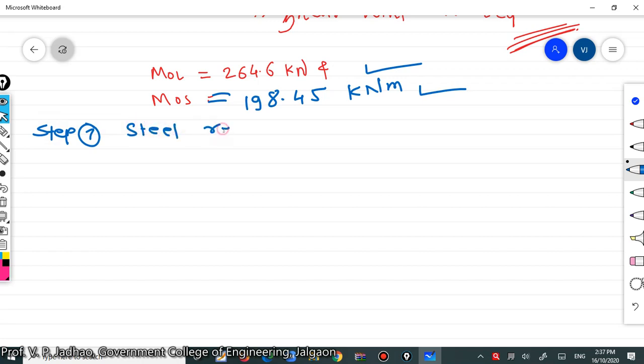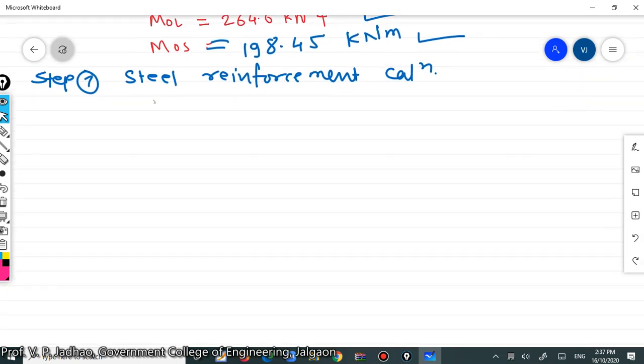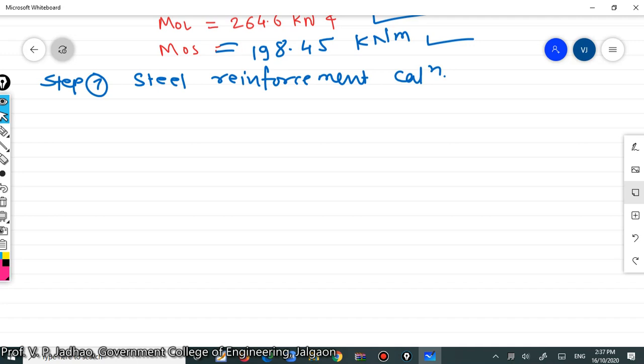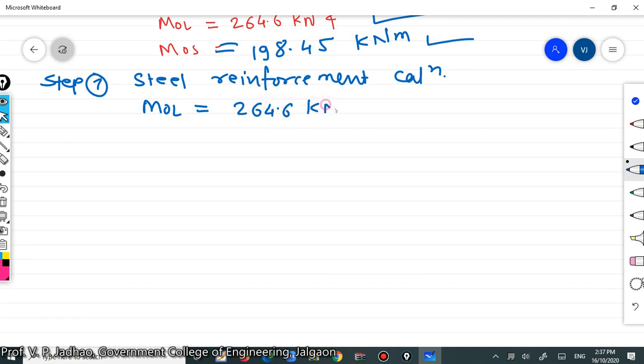This was step number 7, steel reinforcement calculation. For this, we have two values: MOL, the bending moment along the longer direction, equal to 264.6 kilonewton meter, and MOS, the bending moment along the shorter direction, equal to 198.45 kilonewton meter.